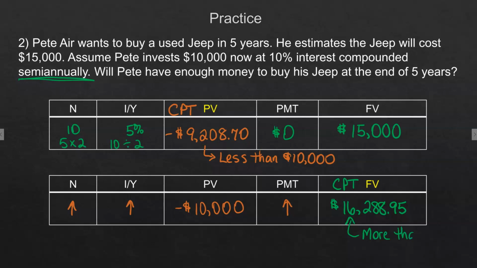Because that's more than $15,000, and that's what he was trying to end up with. So the answer to those questions, will Pete have enough money to buy his Jeep at the end of 5 years, is yes.